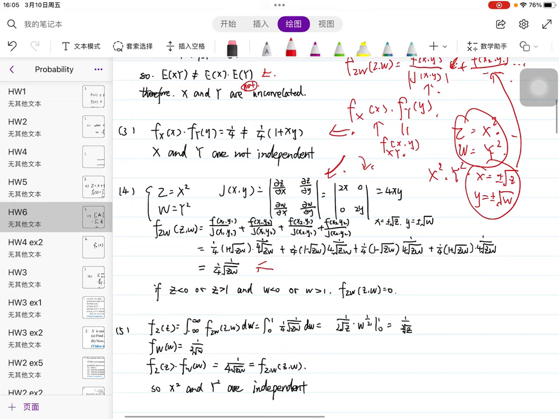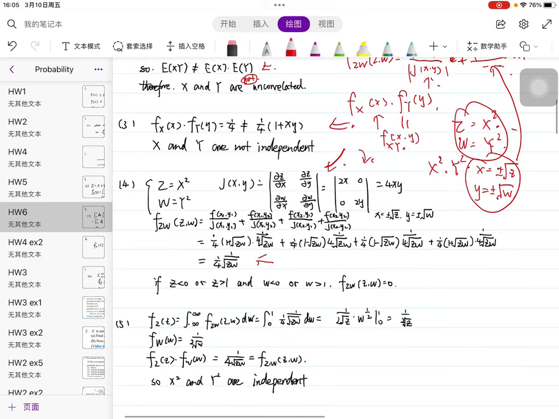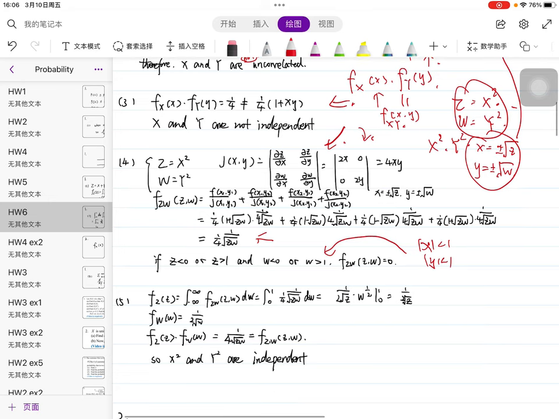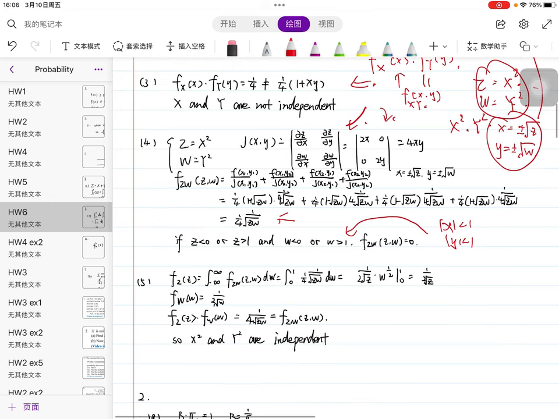And we should also write that x and y have a limit here, otherwise the density equals 0, so we need to write the limits of z and w here. I think that's it.